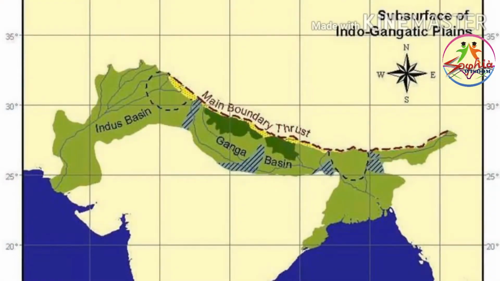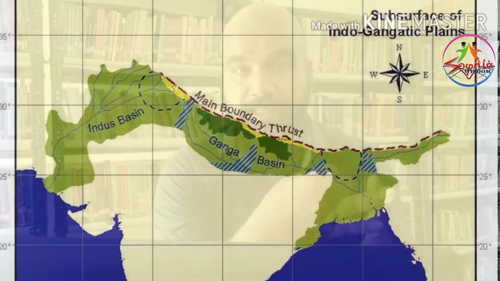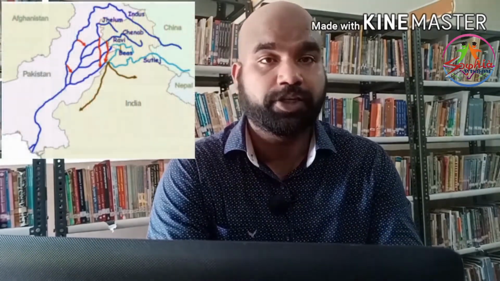The Indo-Gangetic Plain can broadly be divided into 3 divisions: the western part, the central part and the eastern part. The western part is mostly formed by the river Indus and its tributaries.